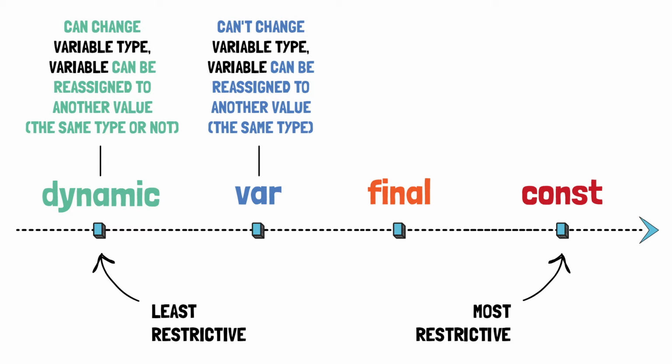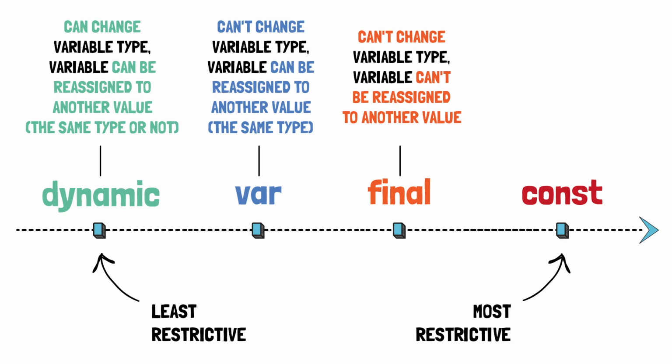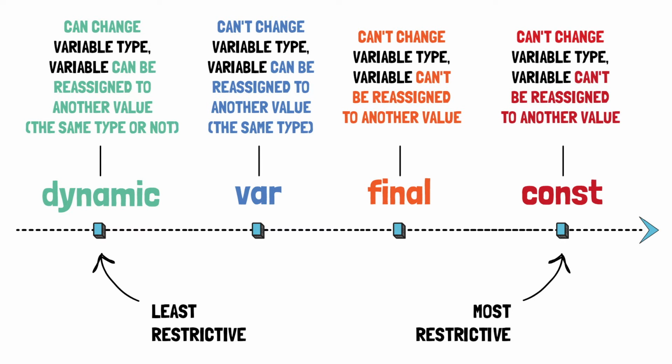But the variable can be reassigned later on inside the code with a value compatible with its declared type. Well, a final variable, similarly to var, can't change the type of the variable. However, the variable can't be reassigned to another value later on. A const variable can't change the type of the variable, and the variable can't be reassigned to another value either.